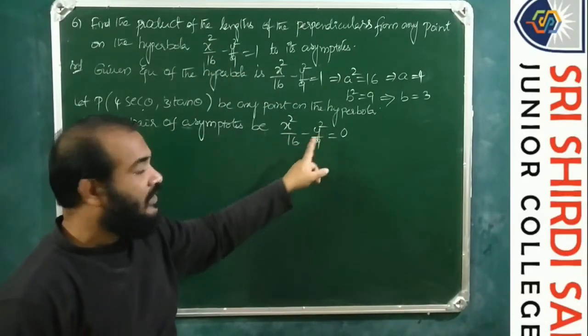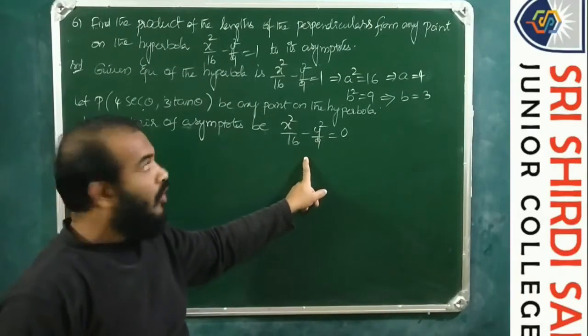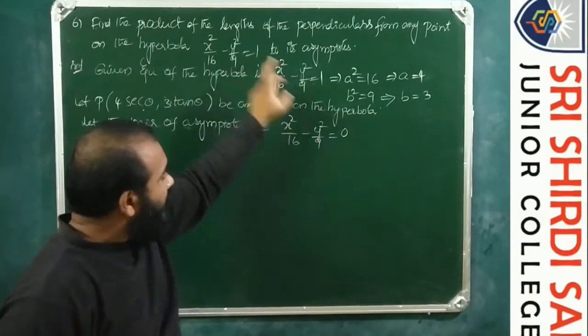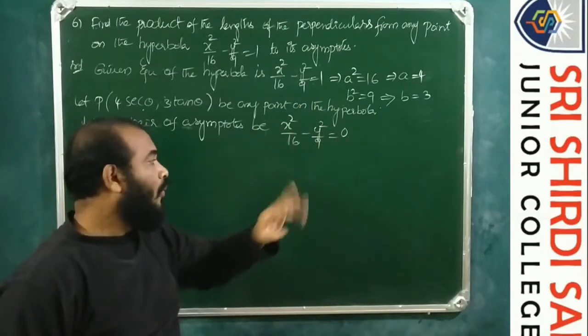So since it is passing through the center of the hyperbola, this constant I am replacing with 0.